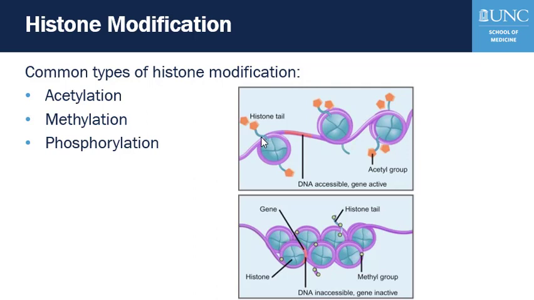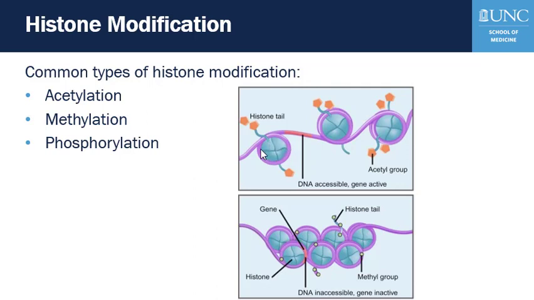And so a large number of these modifications happen on the relatively unstructured and accessible N-terminal histone tails that protrude from the nucleosome, and they can directly mediate the interaction between the histone and the DNA.